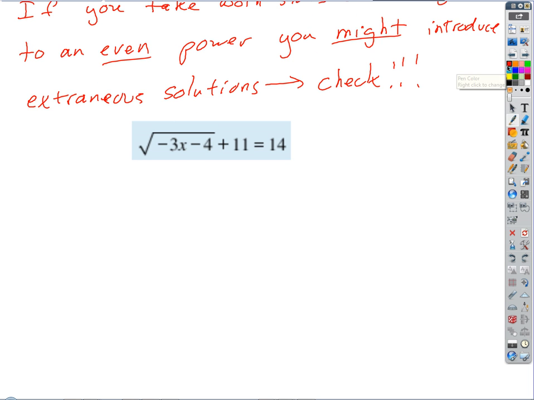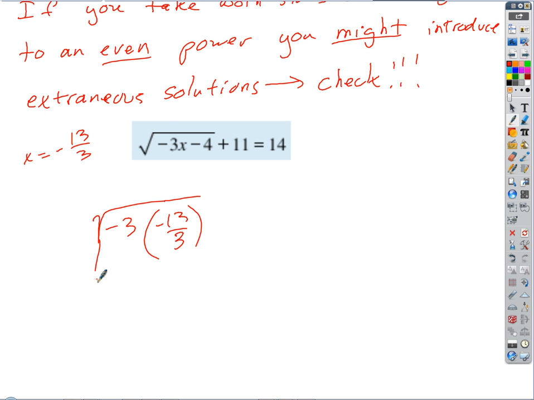So I'm going to plug in x equals negative 13 thirds. I'm going to get the square root of negative 3 times negative 13 thirds minus 4 plus 11. We need to see if that's equal to 14, right?